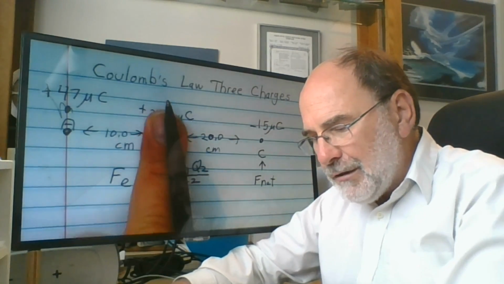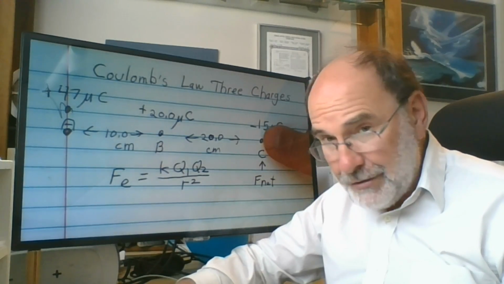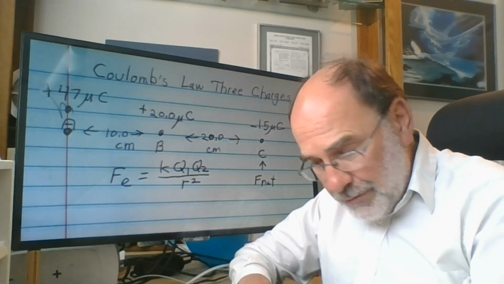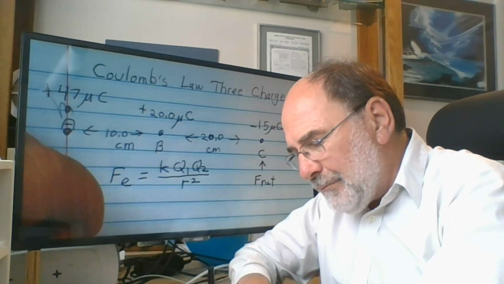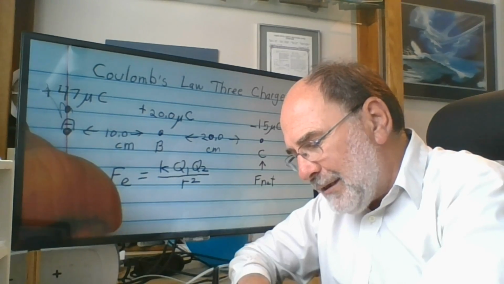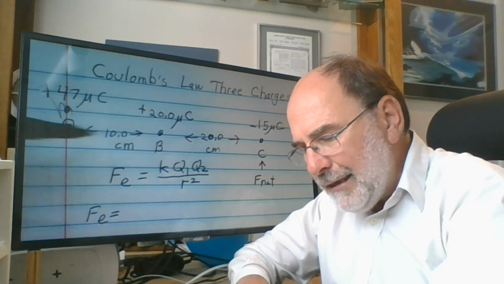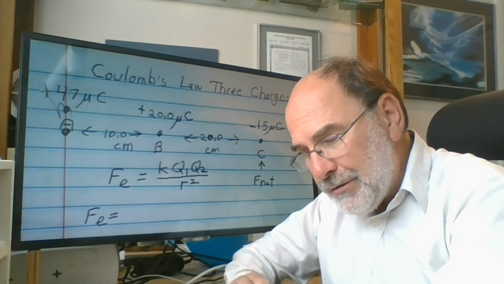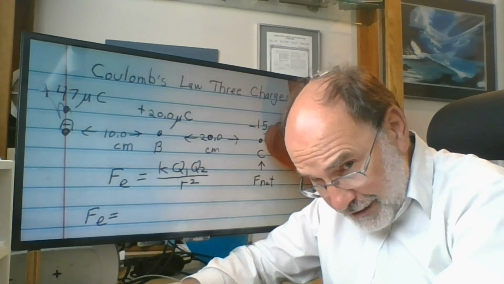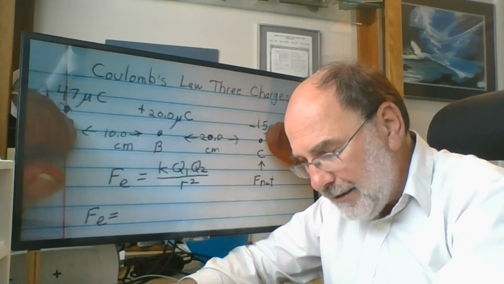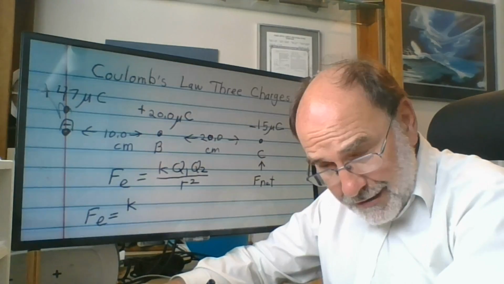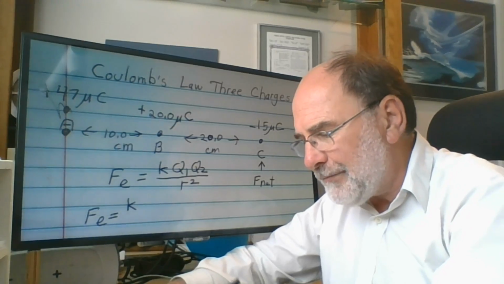So charge B shut off, charge A turned on, charge C always left on, and I plug that into Coulomb's equation. So the electric force between A and C, and in particular, the force exerted on charge C caused by charge A is going to be equal to K, Boltzmann's constant, which you should have on your reference sheet.